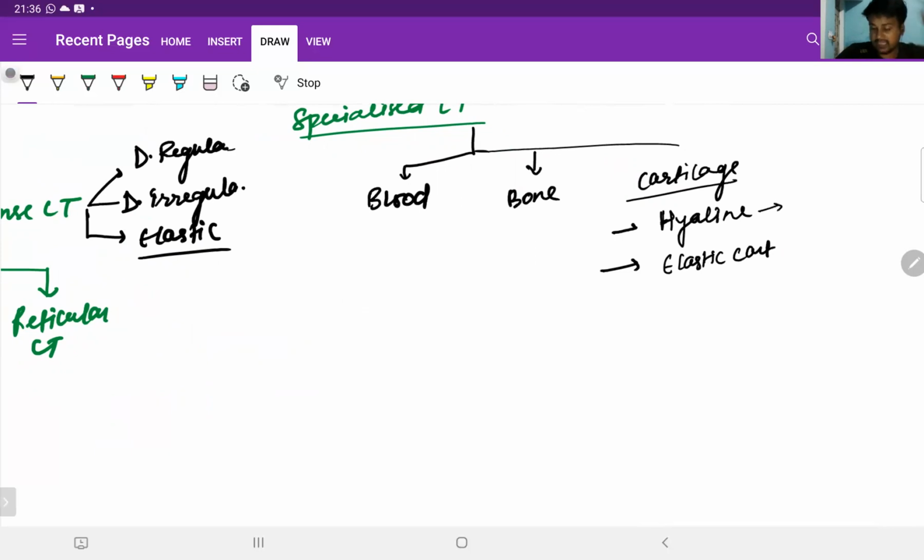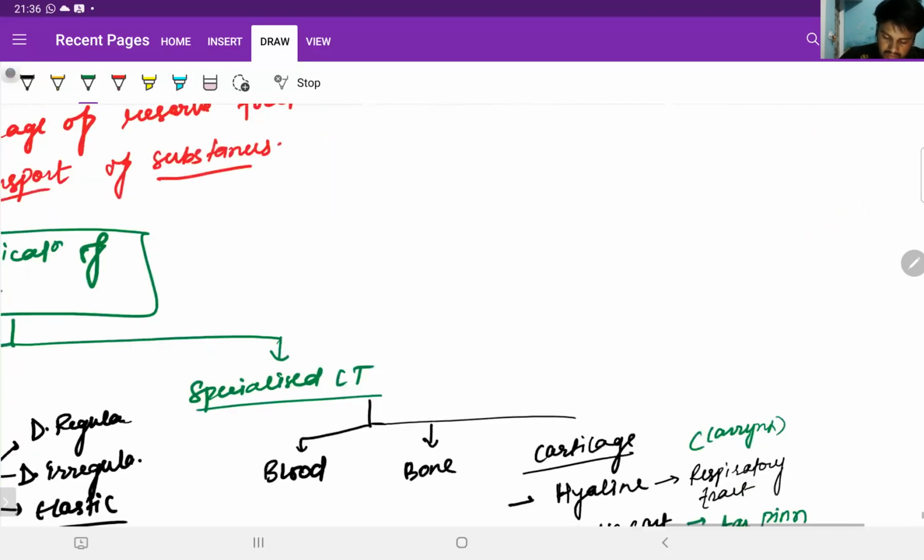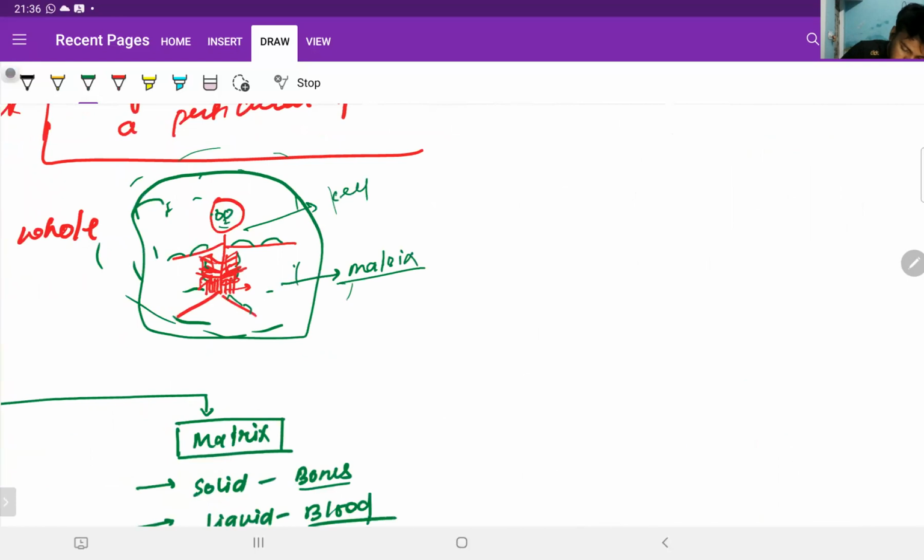Hyaline cartilage is present in the respiratory tract, right? Examples of respiratory tract, you can say larynx, right? Elastic cartilage is present at the ear pinna, right? So in this human being, I can show you where is the ear pinna.